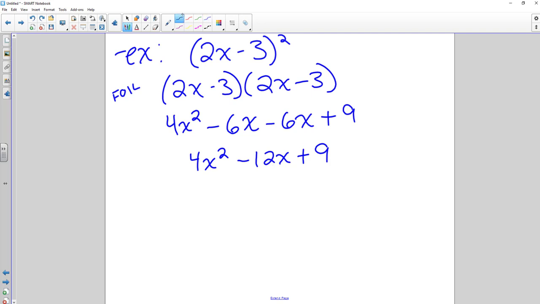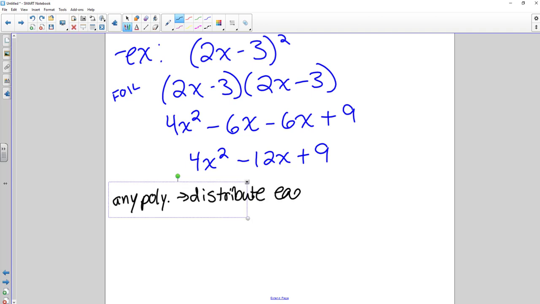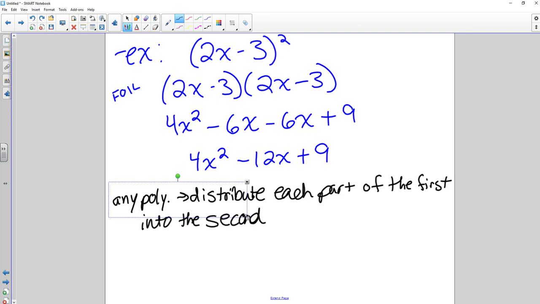Okay, so last, I'm just going to label this any polynomials. So how we're going to do these is distribute each part of the first into the second. So each part of the first polynomial into the second.